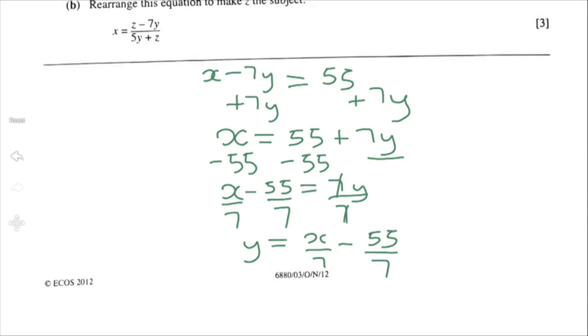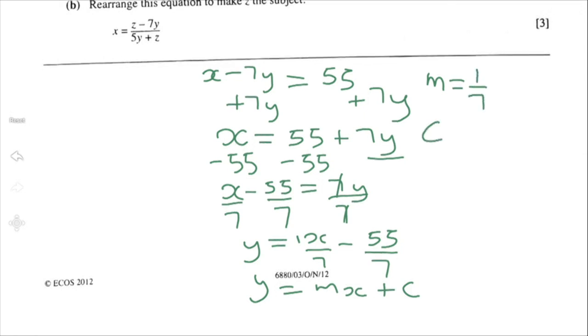Because this equation is of the form y is mx plus c, you should be able to see that your m here is that coefficient of x. So what's the coefficient of x here? Basically, it's 1 over 7.